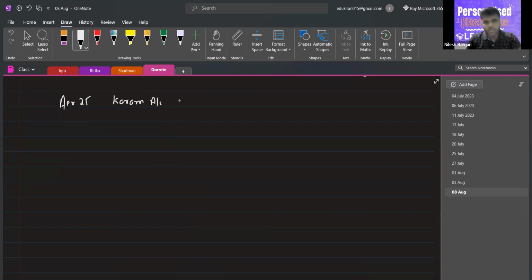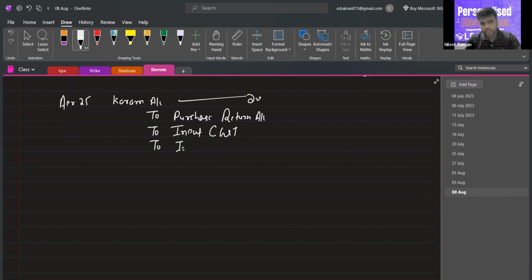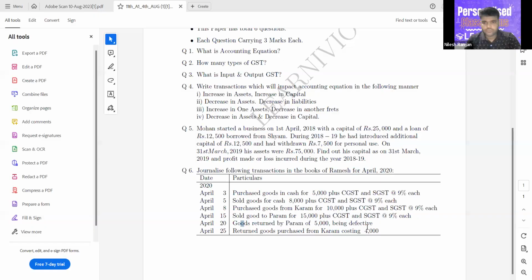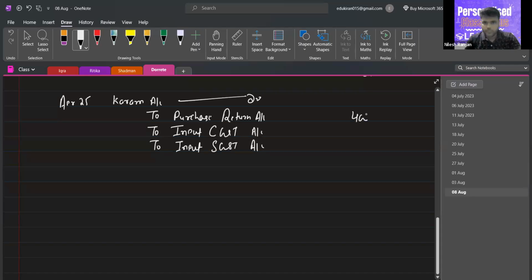So Karam account debit to purchase return, to input CGST and to input SGST. Okay. Okay, sir. 4,000 is purchase return amount. 360 is GST. 4,720.